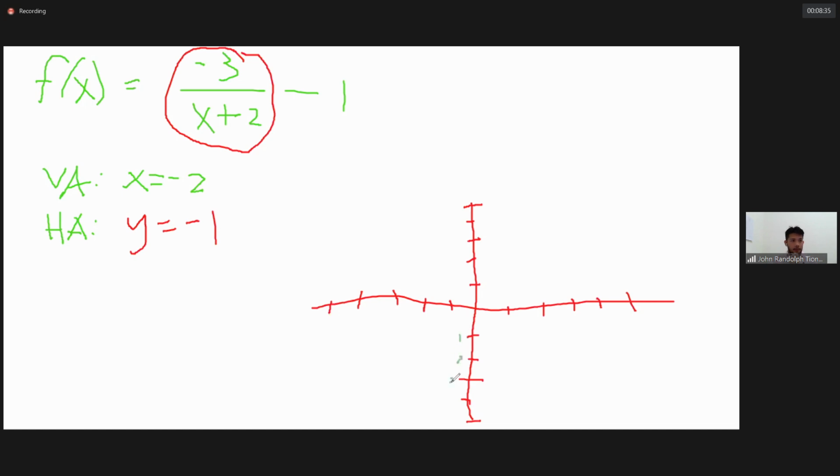This is all negative here. Make a graph too on your paper, guys. Do not rely on my graph here. This is positive, sorry. Also here, 1, 2, 3, 4, 5.